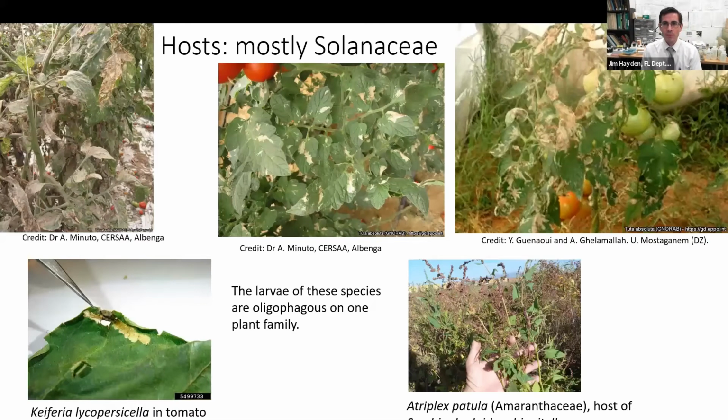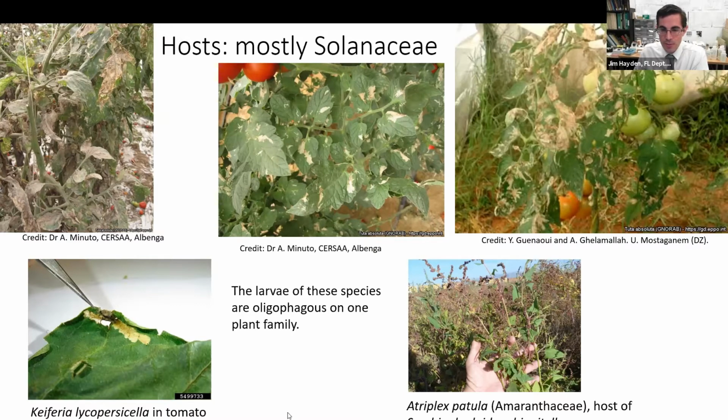The top three photographs are of really bad damage on tomatoes from greenhouses, thanks to the EPPO website. Down here, we have a little picture of Keiferia in tomato. This is the native tomato pinworm that's native in Florida. So far, all the damage that we see on tomatoes in Florida is this species. But this is what we're watching out for, what we do not want to see show up in Florida, up at the top.